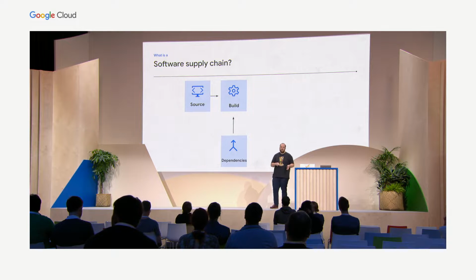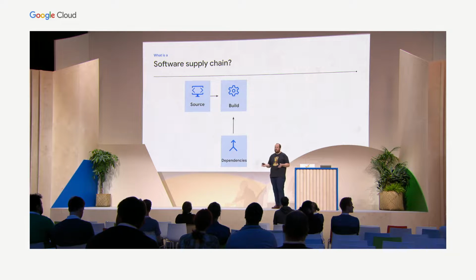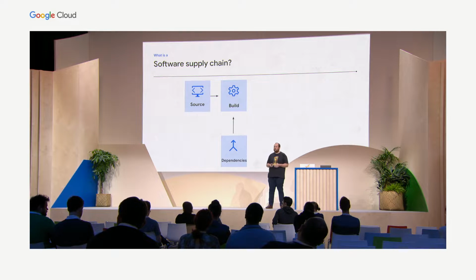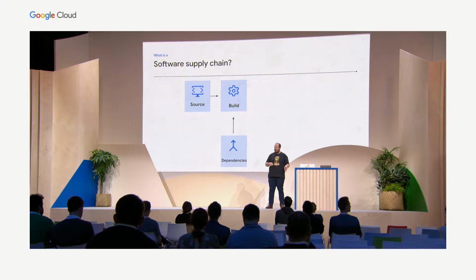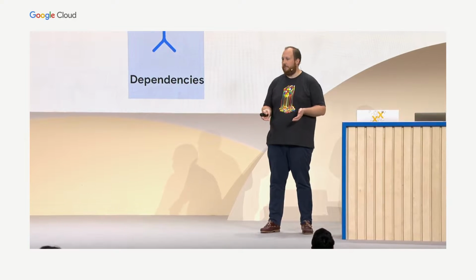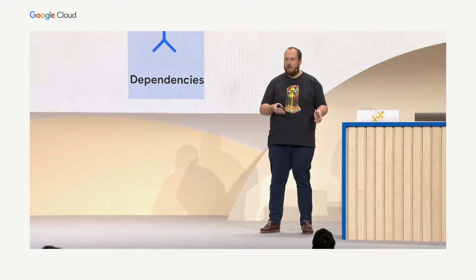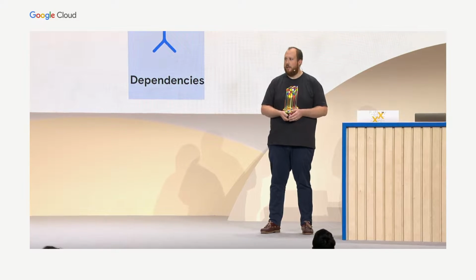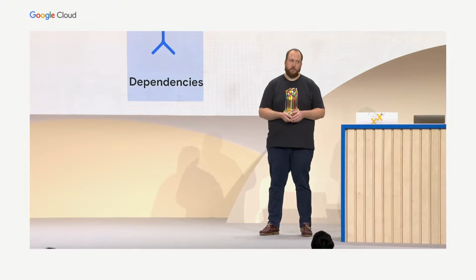Your applications normally consist of source code that your organizations create and dependencies that you consume from third parties. You probably have a build process that takes the source code and those dependencies and creates packaged software out of that. These packages, you either run them in your organization or maybe other parties consume these packages as dependencies from you.